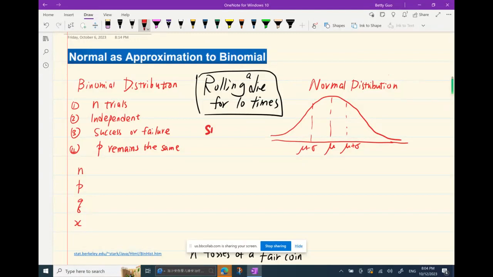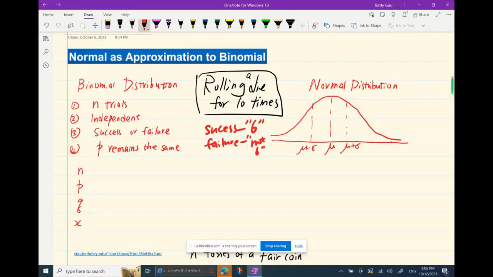If we say a success is to get number 6, then the failure would be not number 6. So the 6 outcomes of each trial can be divided into two categories, success and failure. That's the third condition.